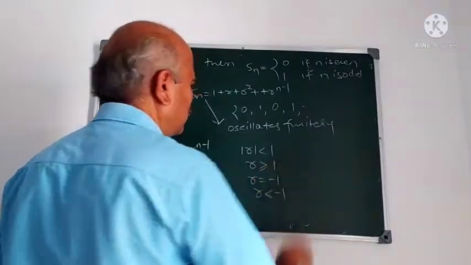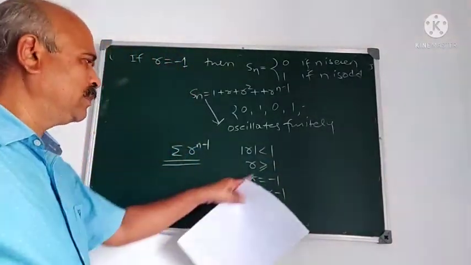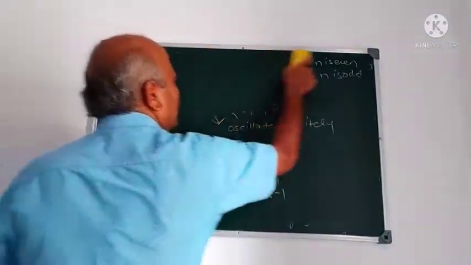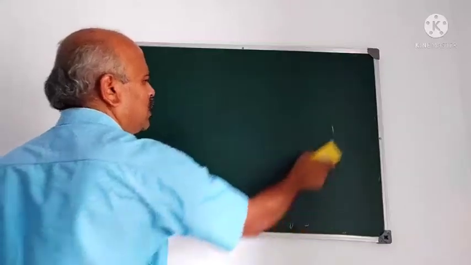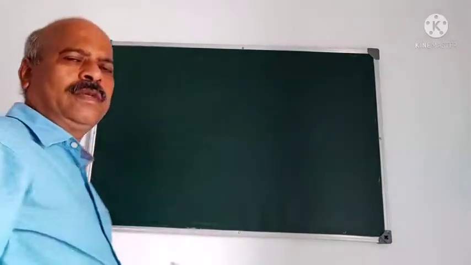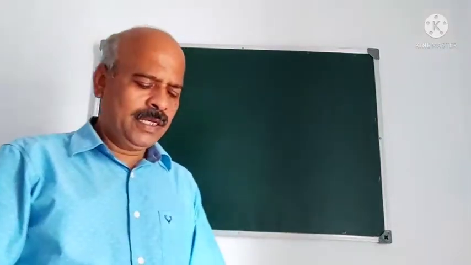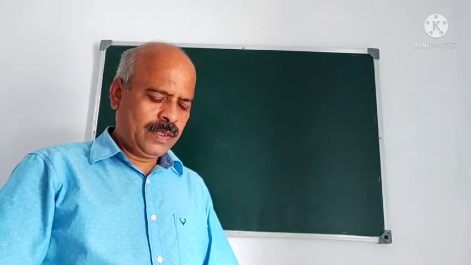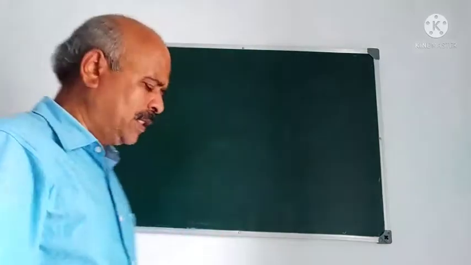For r equal to 1 also, it diverges. This is the geometric series. We may refer to this result, the convergence of geometric series, in some next topic. Now, one example on this geometric series.